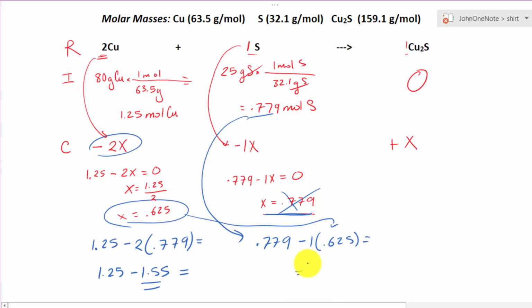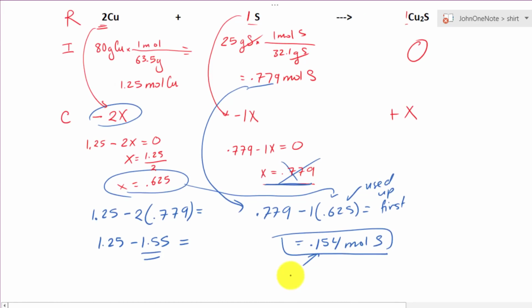In this case, 0.779 minus 0.625 gives us a leftover of 0.14 moles of, what is it? In this case, it's going to be sulfur. So this proved to us that this has been used up first, and we have the leftover of sulfur.